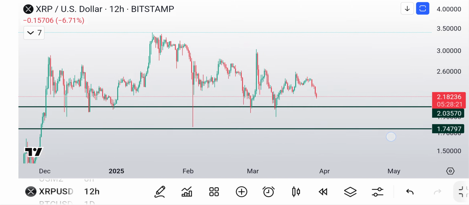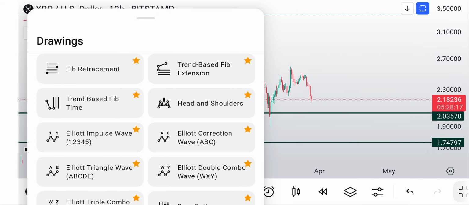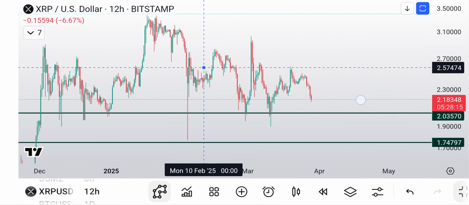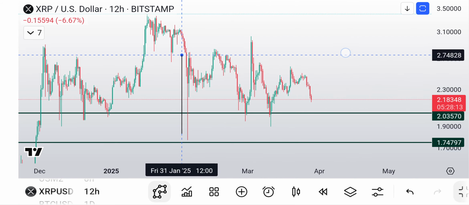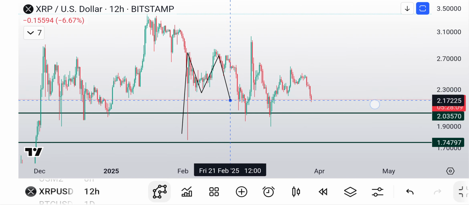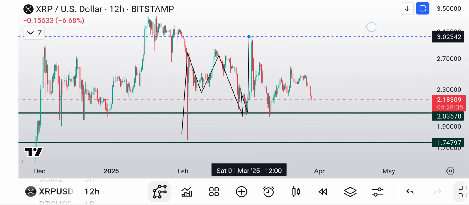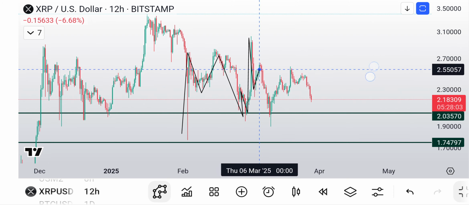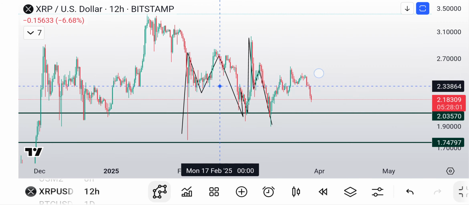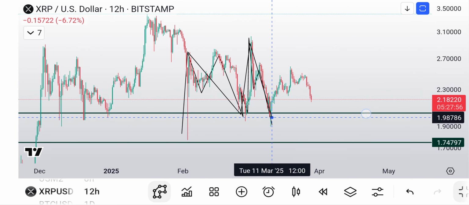So let me actually use this. Okay, so we have wave 1, A, B, C, right? And then you have A, B, C, and then A, B, C. So this whole thing is A, B, and C. That's a 3-wave move down.